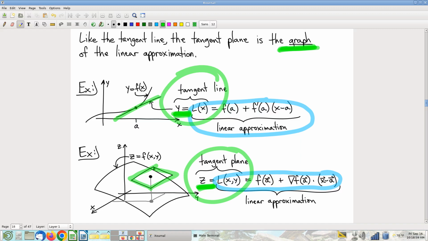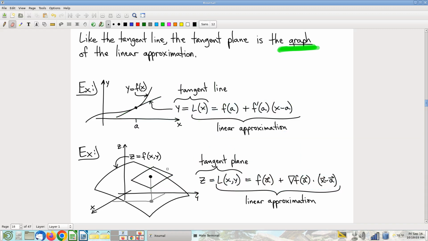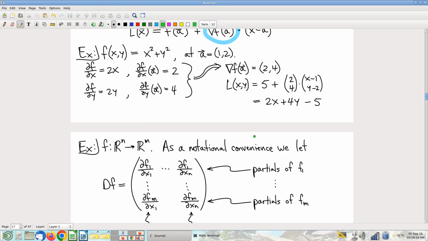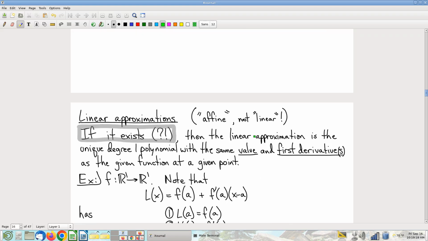Okay. So we've been talking about linear approximations for a bit, and we're now going to ask the question: did this really work, or did we just make a bunch of stuff up? I want to go back to something that I deliberately undersold previously.